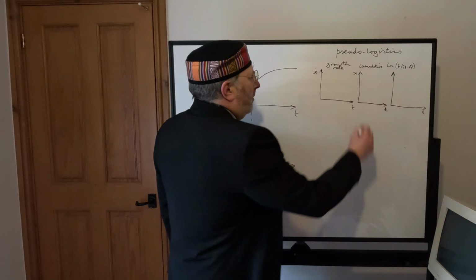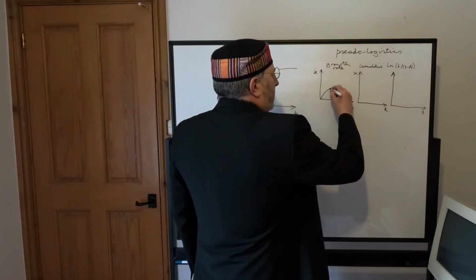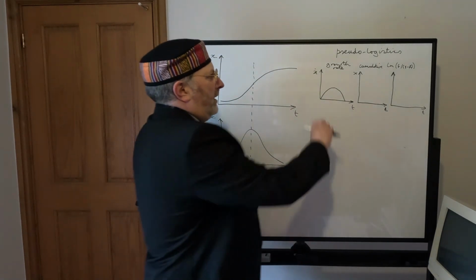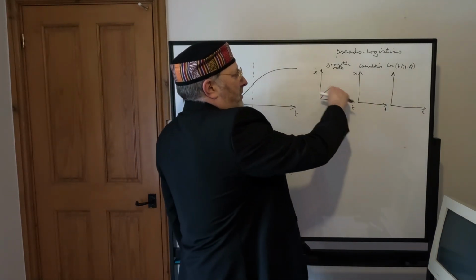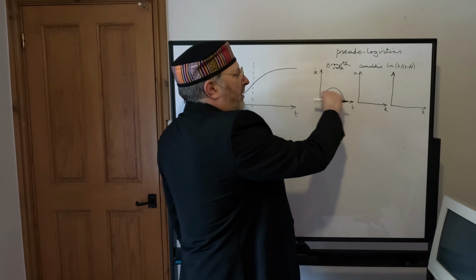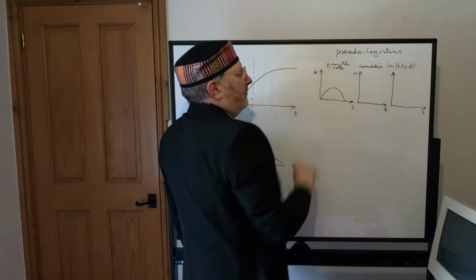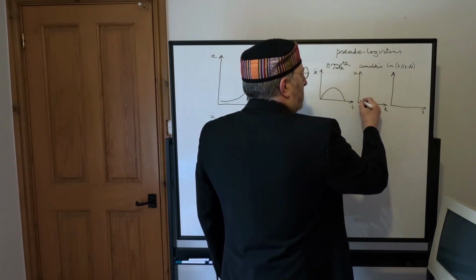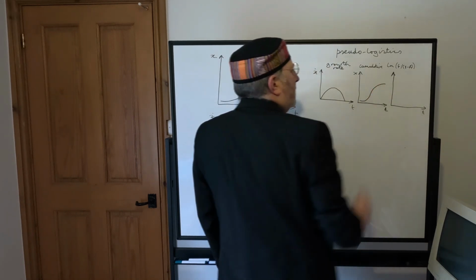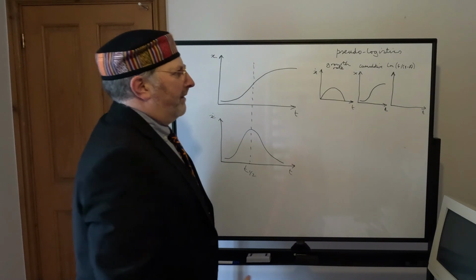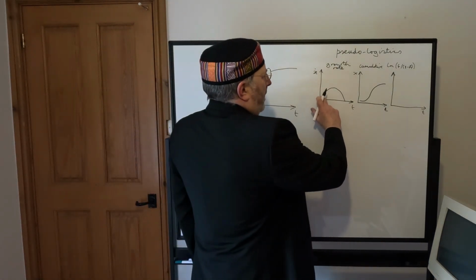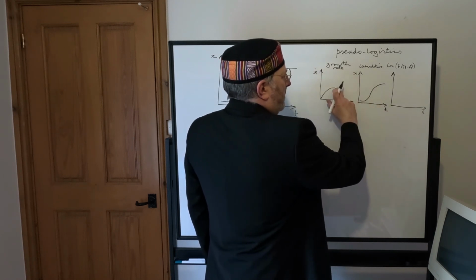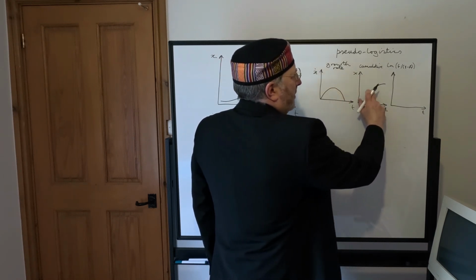Okay, so if we have something that just rises and falls like that, it's just kind of a semicircle or the top of a parabola or something like that, then we'll find the cumulative growth looks something like that. It increases to a maximum, and then it declines back to zero.